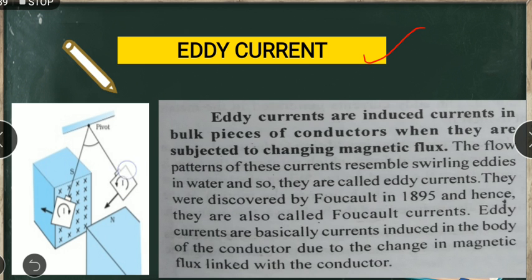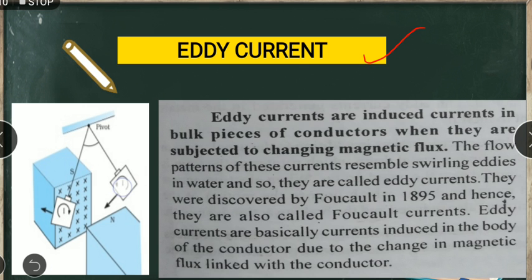In this picture you can see a pendulum, that is a rectangular conductor, suspended in a uniform magnetic field, in between the north and south poles of the magnet. Oscillation occurs, and you can see the flow of current on the surface of the conductor.